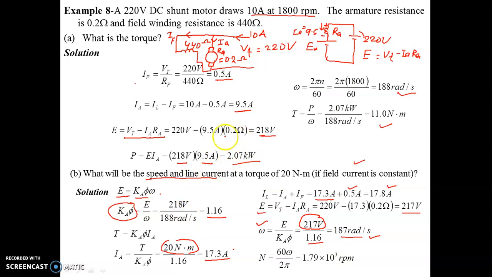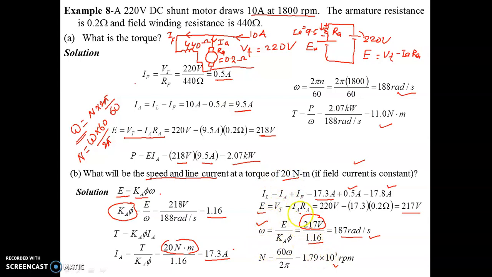Earlier I calculated omega by doing n multiplied by 2 pi divided by 60. So if omega is given, then n will be omega into 60 divided by 2 pi. Same thing is done here. So this is the speed of the motor when 20 Newton meter torque is developed.